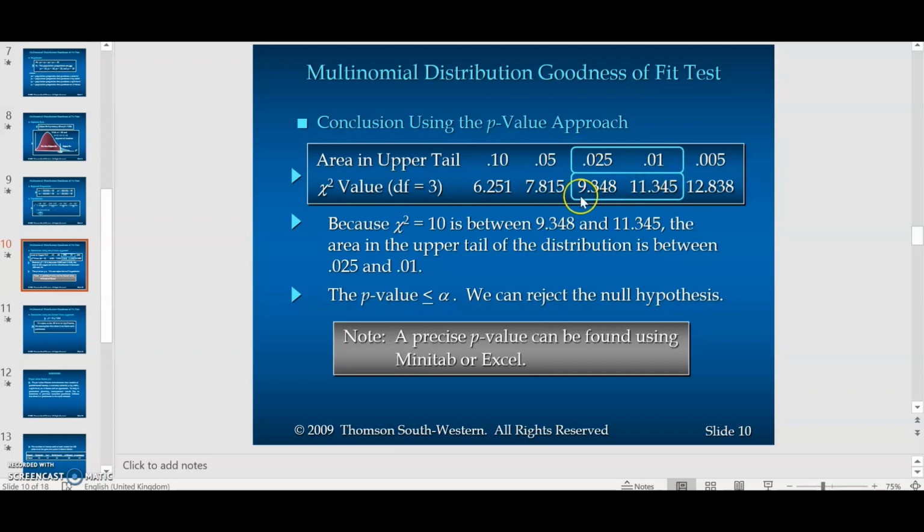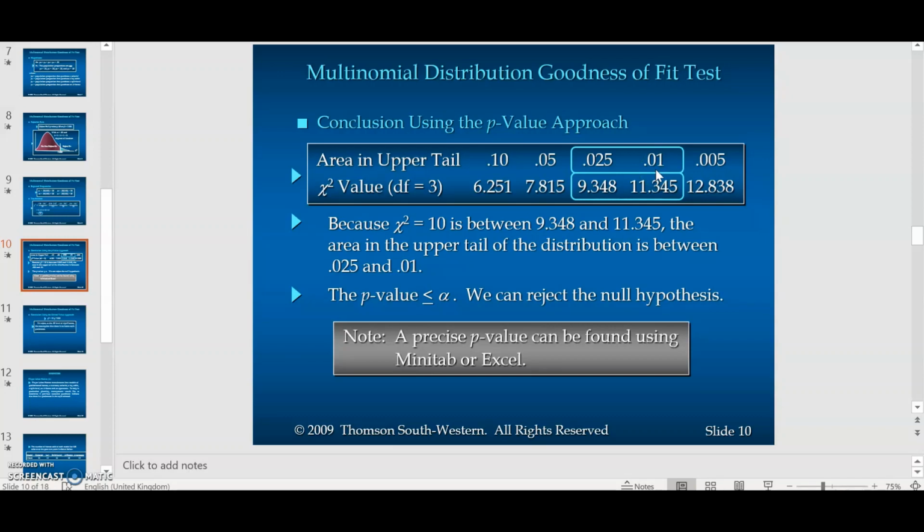So it means that the p-value, if you refer to the first row in this table, is between 2.5% and 1%. Or to be exact, our p-value is less than 2.5% and larger than 1%.